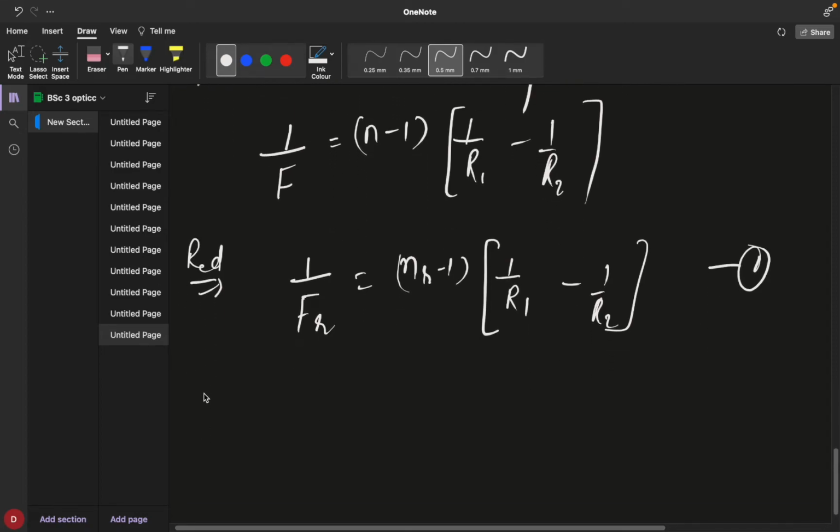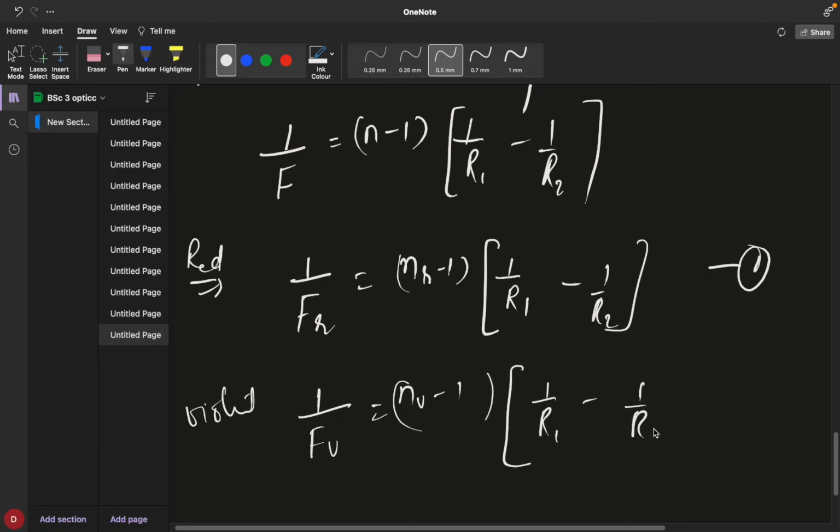For violet color, 1 upon Fv is equal to (Nv minus 1) into (1 upon R1 minus 1 upon R2).